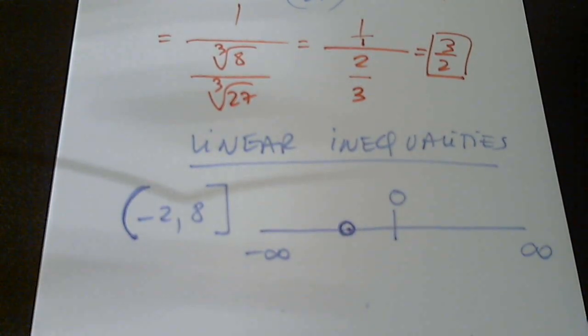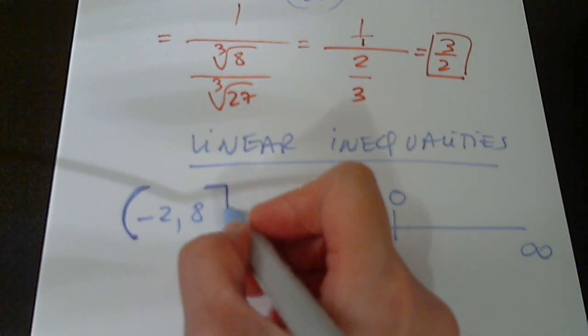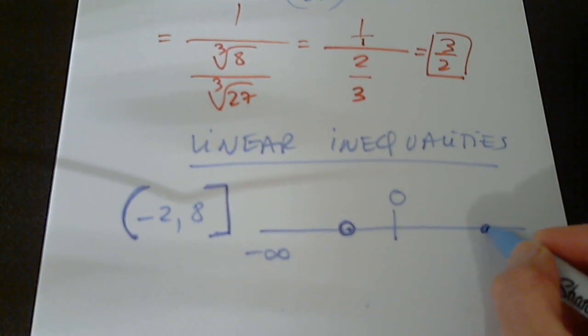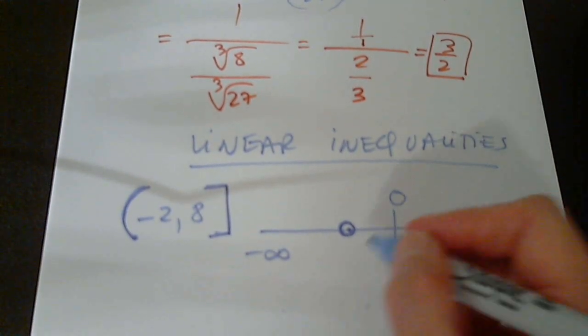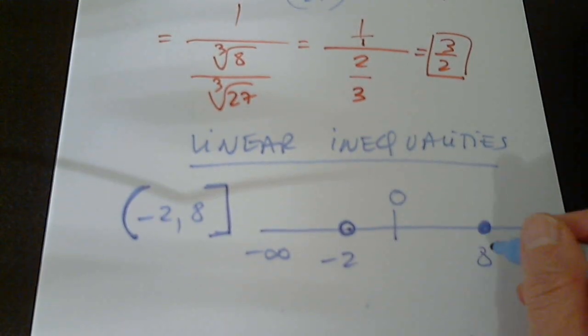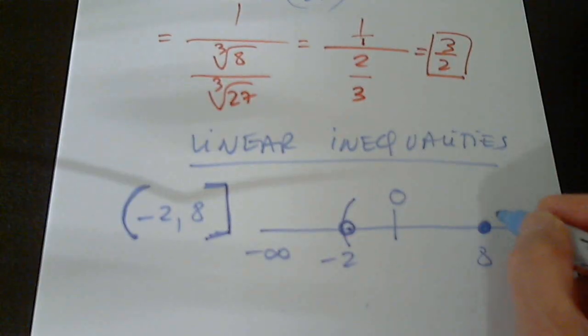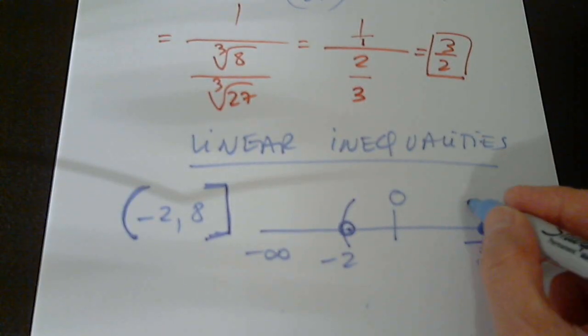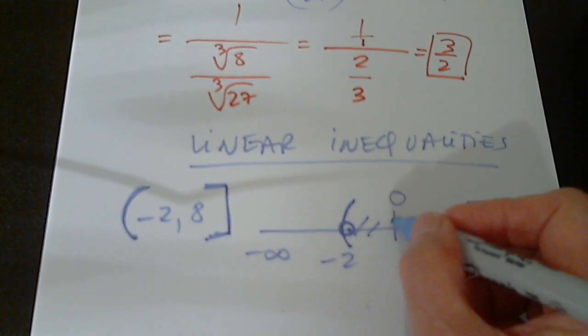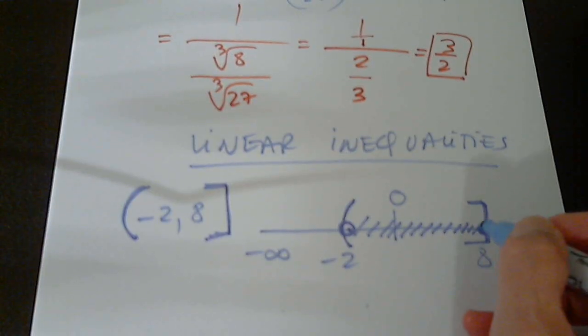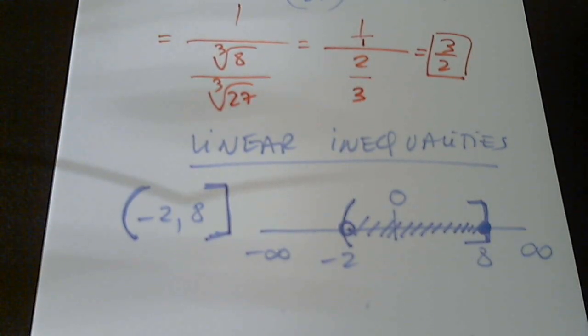It's not a full point. 8 has a bracket, so 8 is somewhere here, but it's a full point because of the bracket. So if you want to present this on the number line, you will show it like this.